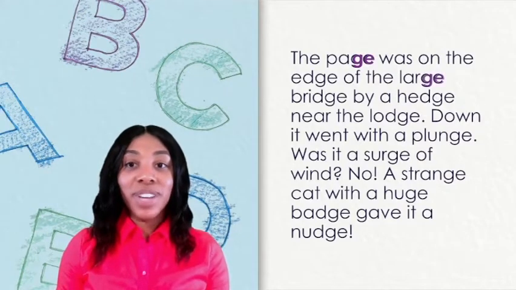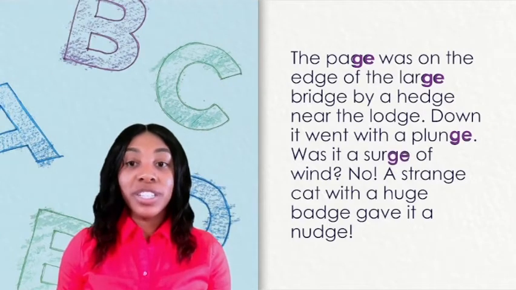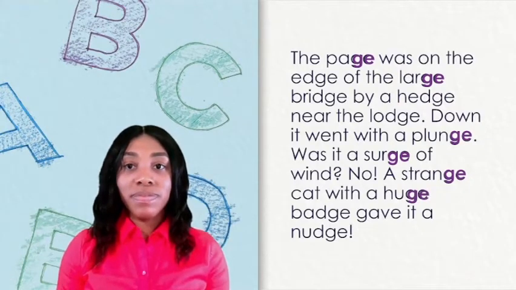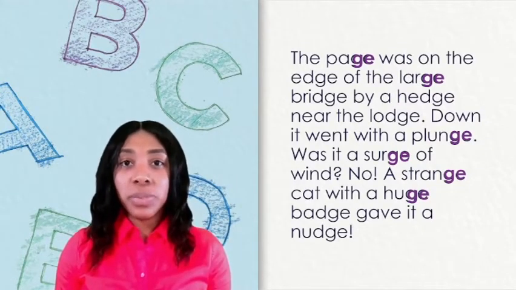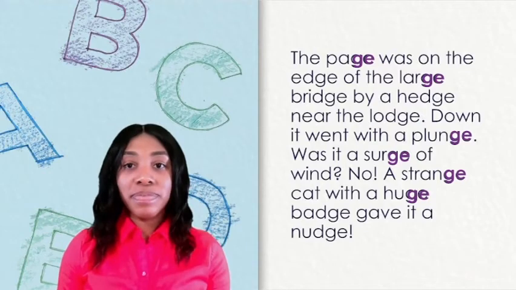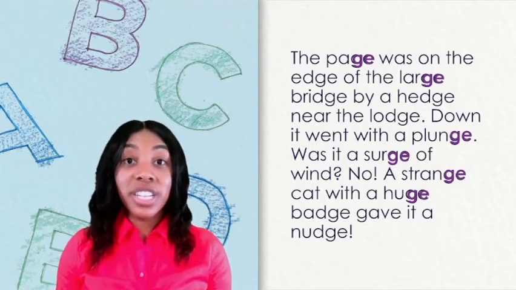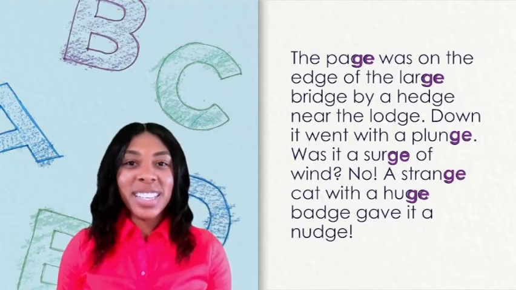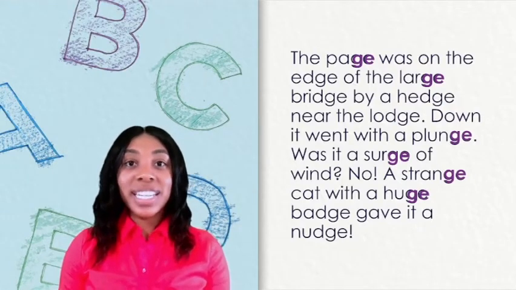Page, large, plunge, surge, strange, and huge. What did all of these words have in common? They each made the J sound. What letters made the J sound in each of these words?